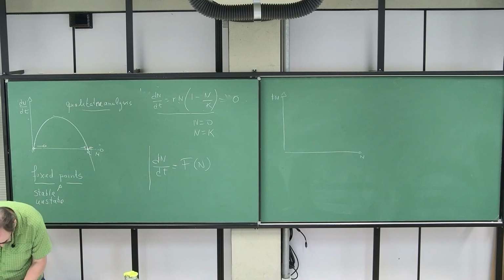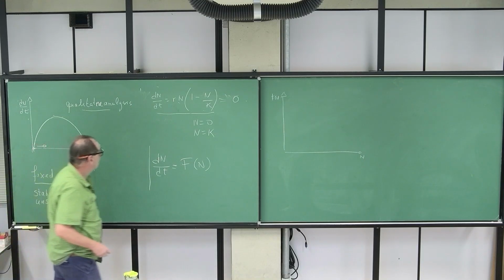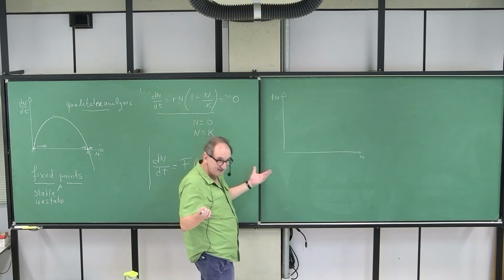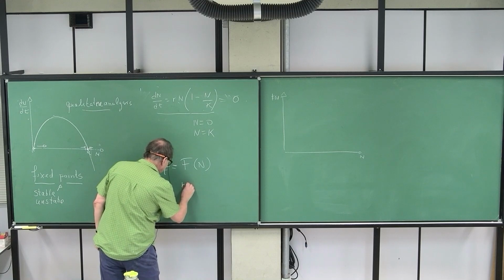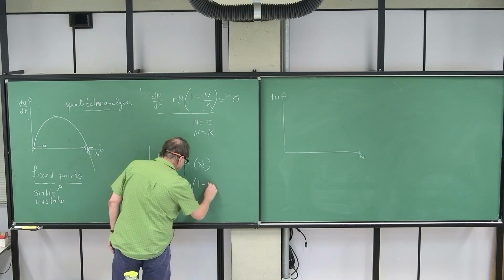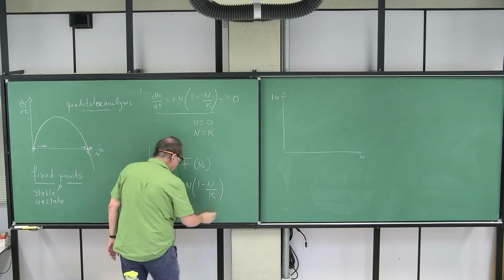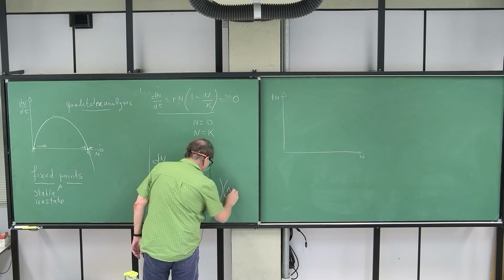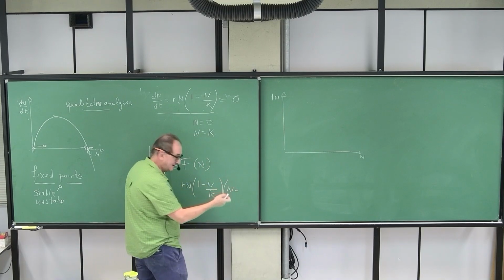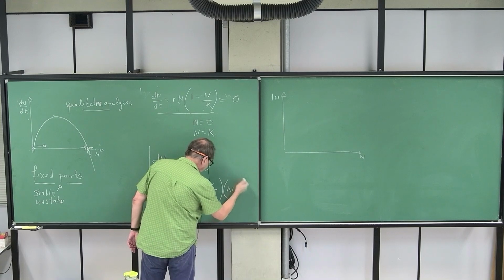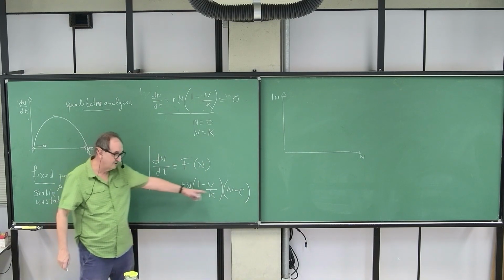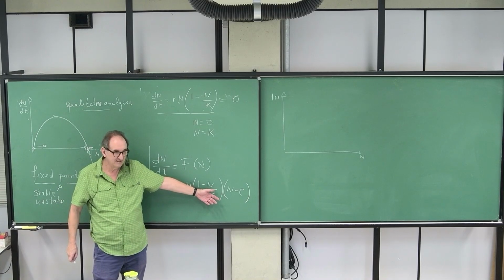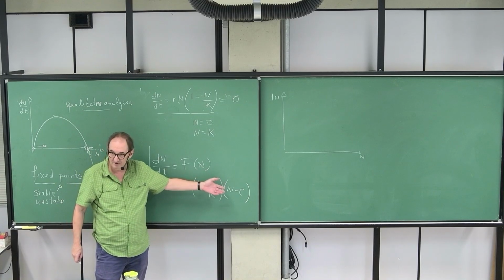One which is actually very important is this function: r times n times (1 minus n over k) times (n minus some other constant), which we'll call c. So this is a third order polynomial.